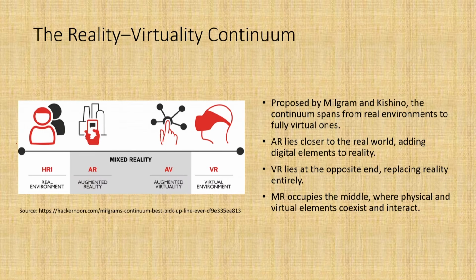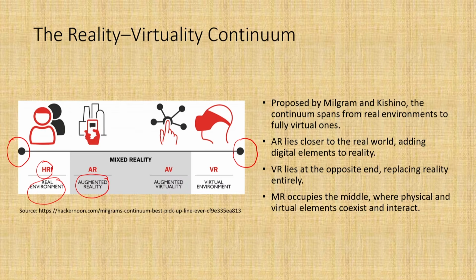On one hand, we may have reality on the left and virtuality on the right. So, as we move from the real environment, which may consist of, let us say, human robot interfaces, and move into augmented reality, we have shifted a little bit away from the real environment.